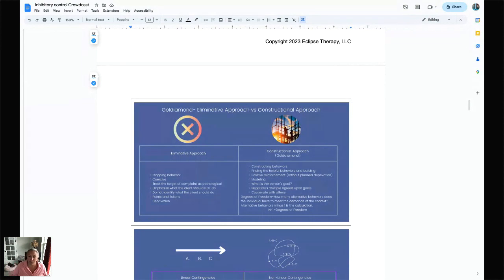That's planned deprivation. We want to do a lot of modeling in the constructional approach. What is this going to look like? How can we walk through this together? How does this tie to your child's values? What do they care about in this context? Do they care about those relationships? Do they care about their time on electronics?